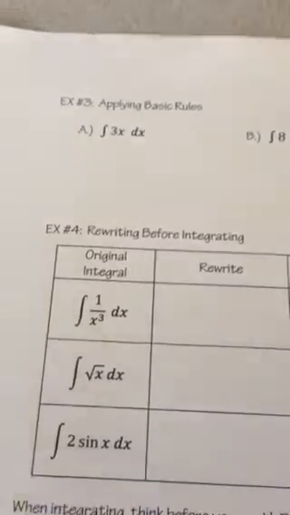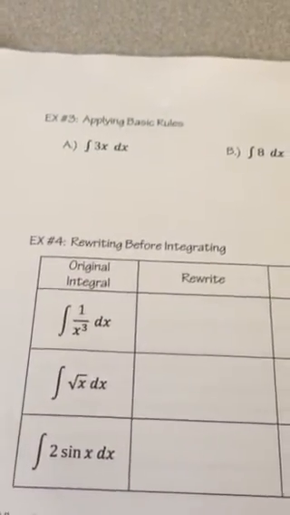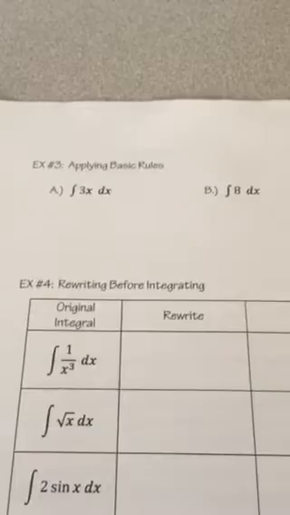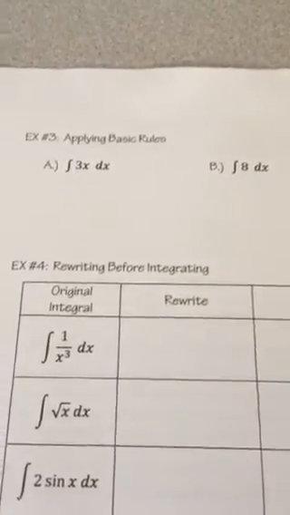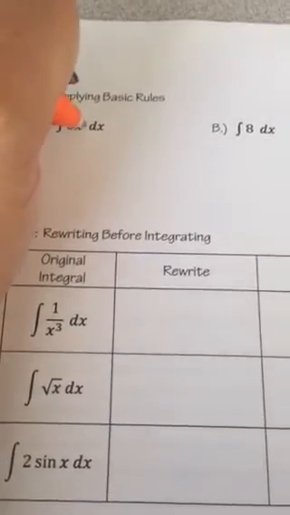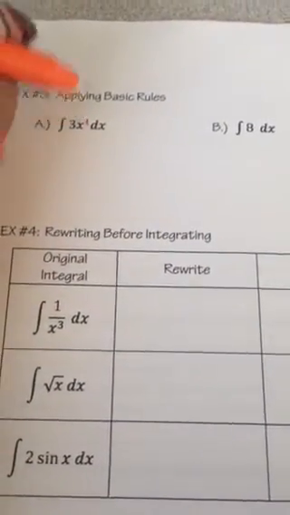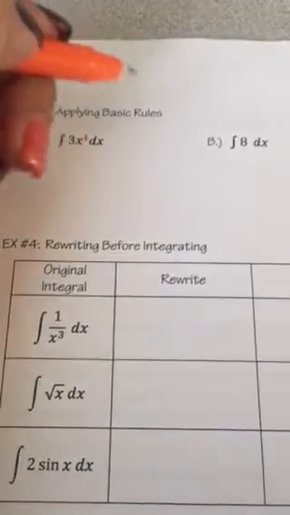Now to do some examples. Applying basic rules, they want the integral of 3 to the x dx. Well, if we're going to use the power rule, first we add to our exponent, which in this case is 1. Before you would subtract 1, now you're going to add 1.